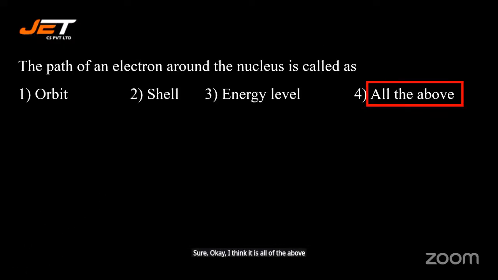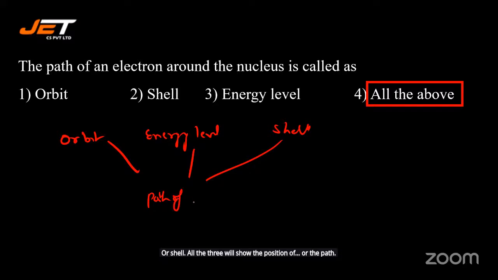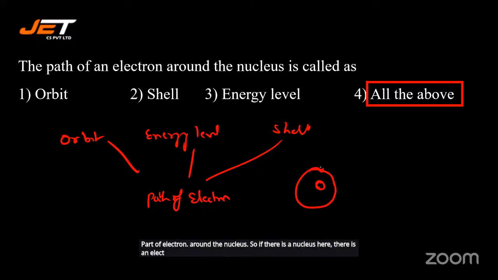Why? Because see, orbit or energy level or shell, all the three will show the position or the path of the electron around the nucleus. So if there is a nucleus here, there is an electron revolving around the nucleus.